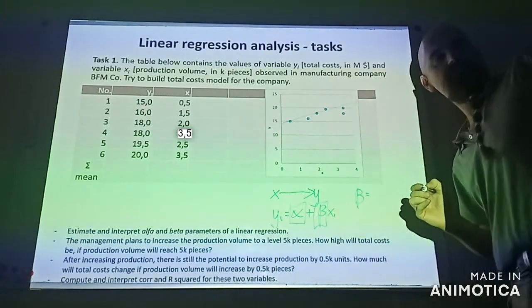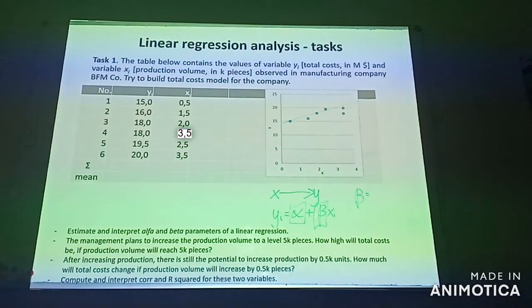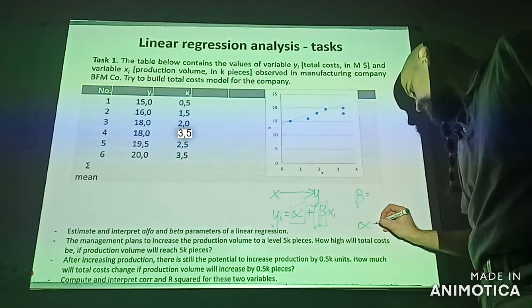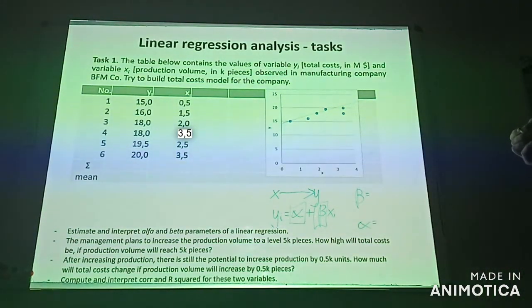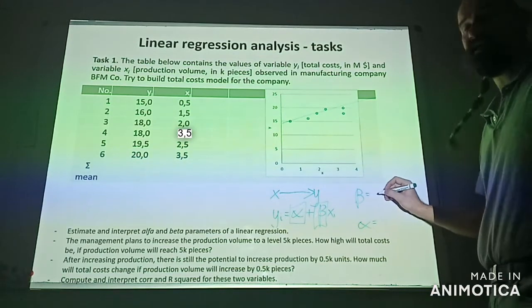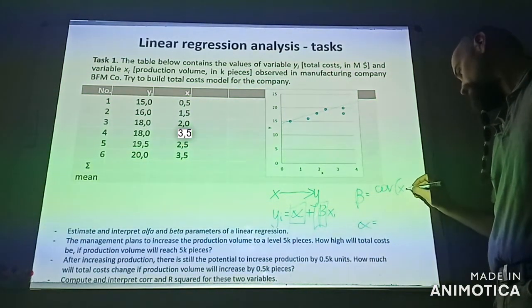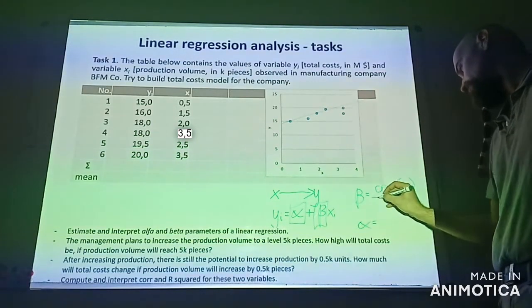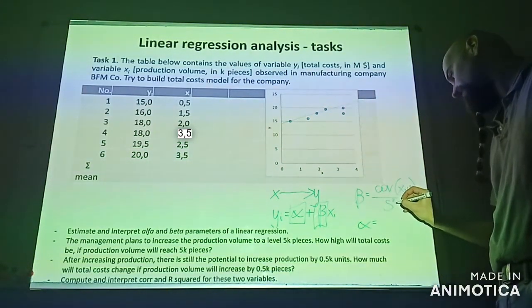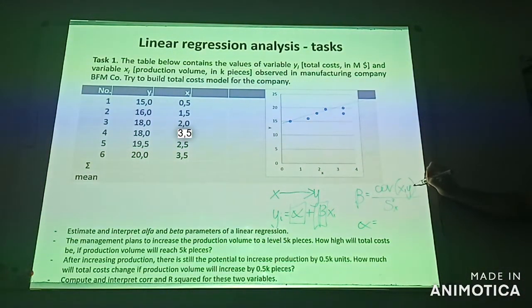In order to find the beta and alpha parameters, we should compute first. Beta is the ratio between the covariance between x and y values divided by the variance of x. Here we have the covariance between the production volume and total costs.